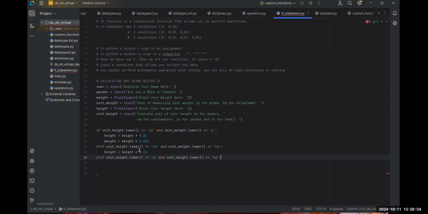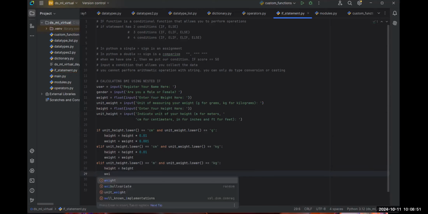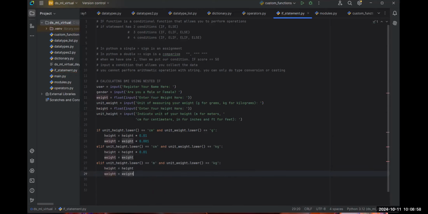In this second one, we converted cm to meter, and then we said weight will be equal to weight, meaning our kilogram is set in there. Let's put weight here. Height is equal to height and weight is equal to weight.